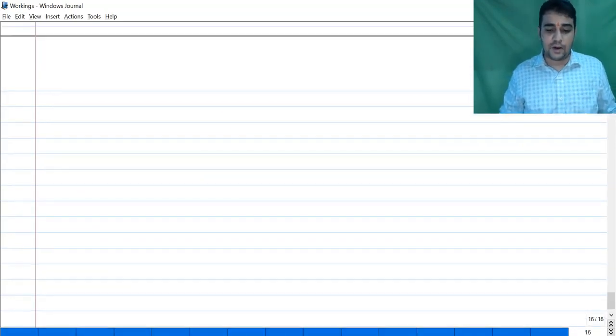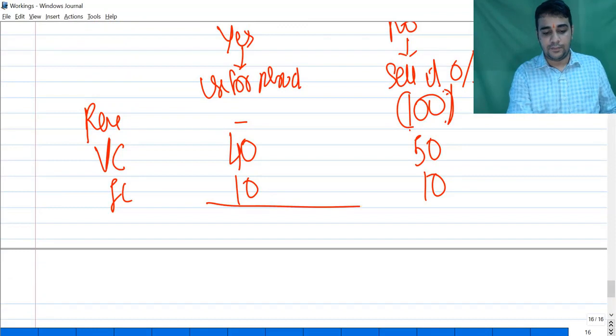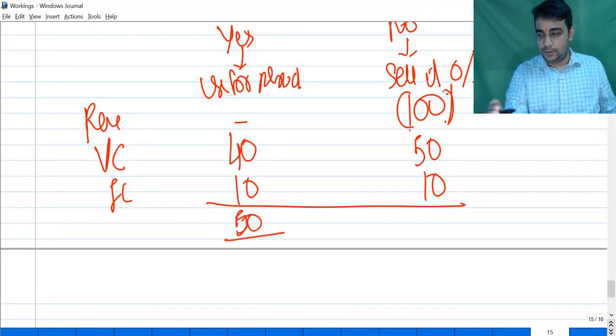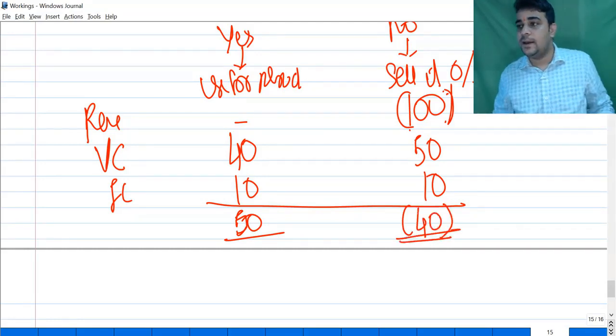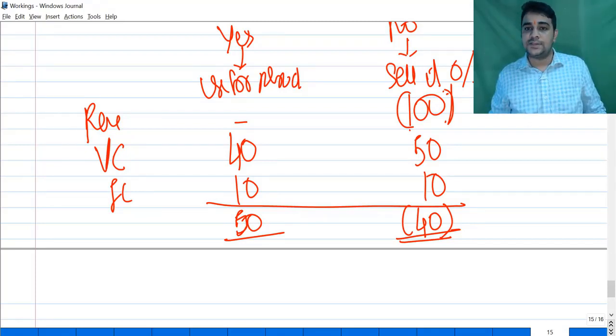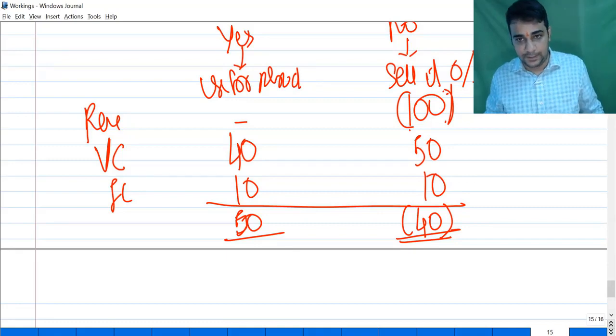Yes scenario, my cost is 50. No scenario, the total is negative 40: minus 100 plus 50 plus 10, negative 40. Relevant cost is 50 minus of minus 40, which is 90 rupees.